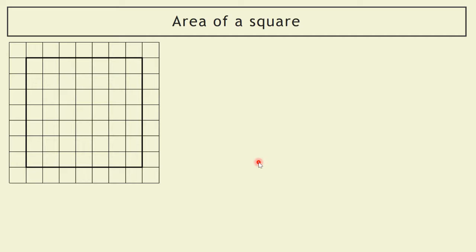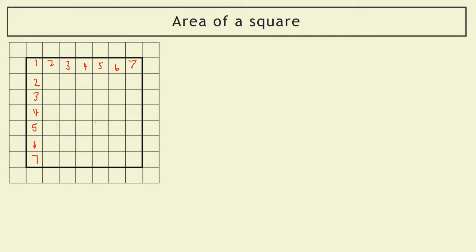Some shapes we can get the areas of really nicely and easily. So here we've got a square. This square is 1, 2, 3, 4, 5, 6, 7 squares along, and it is also 7 squares down. It wouldn't be a square unless it was the same number across as down. So its length and its width are the same.